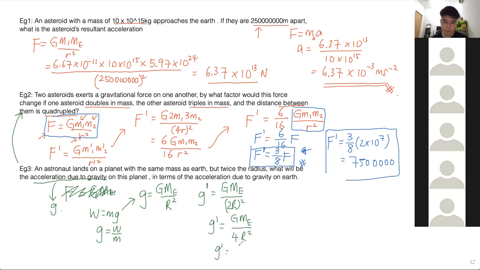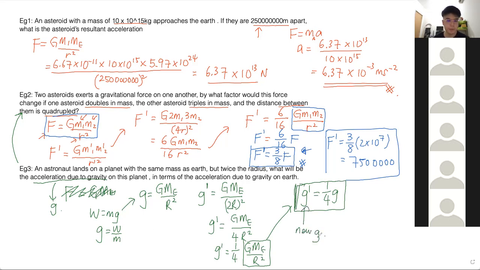So g is equals to, 放它出来，1 over 4 GME over R squared. 继续，这整个东西就是我的 g，放进去，OK。Then 你可以找到 my new g is equals to 1/4 of the gravitational field strength of the Earth. That is your answer.